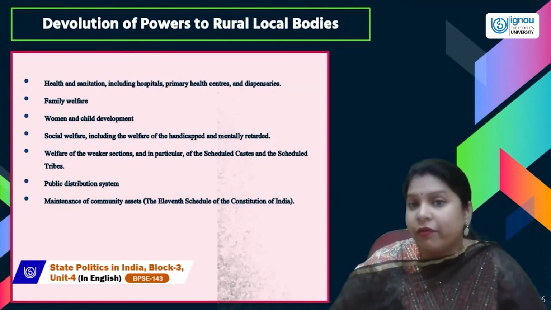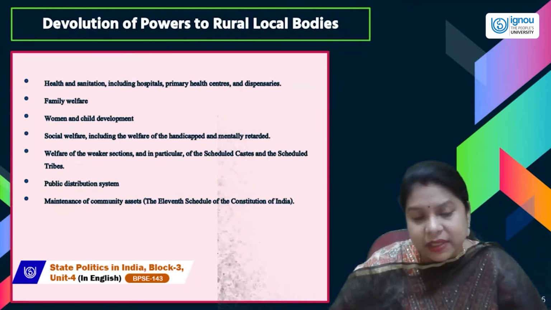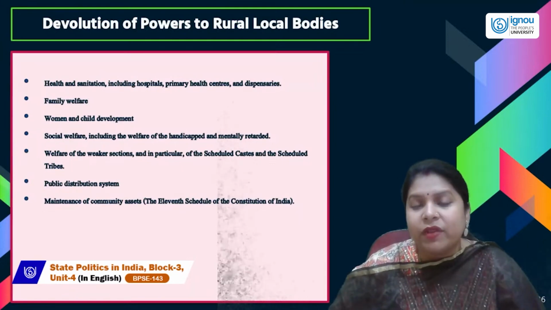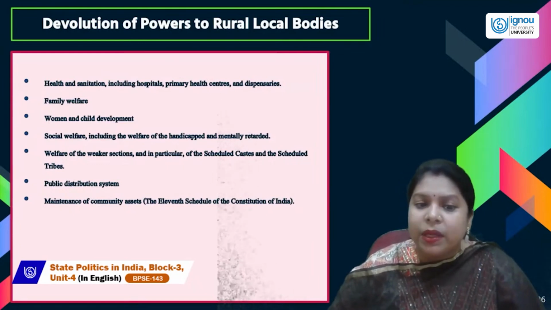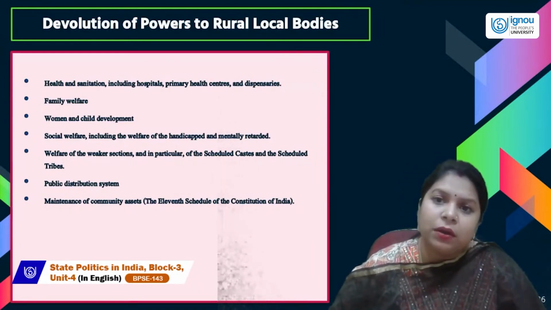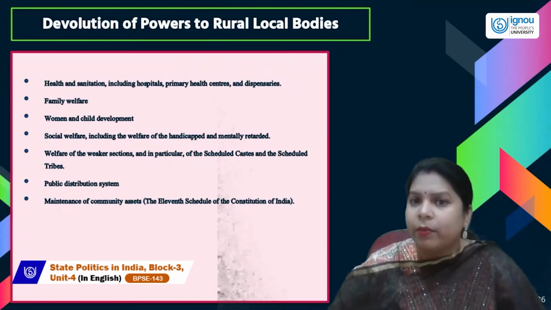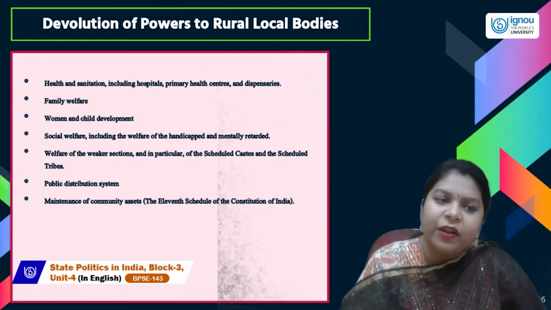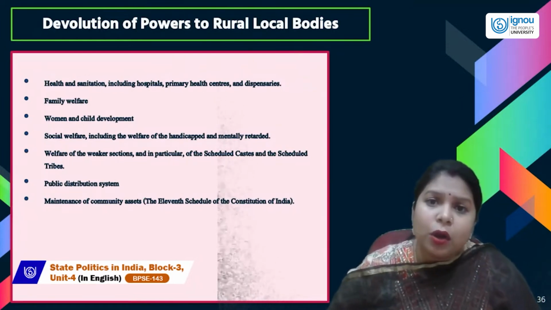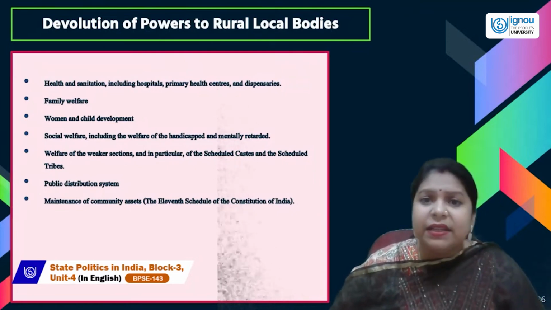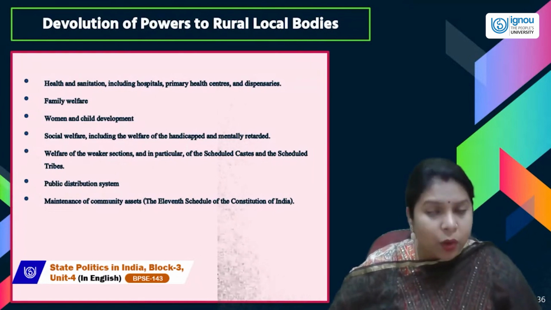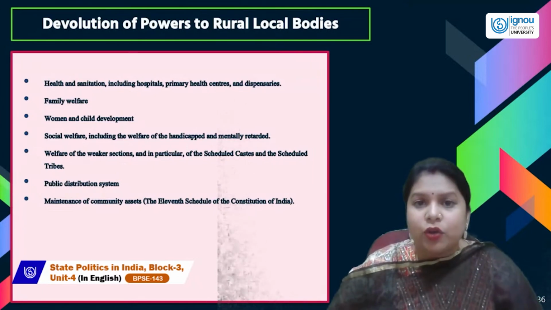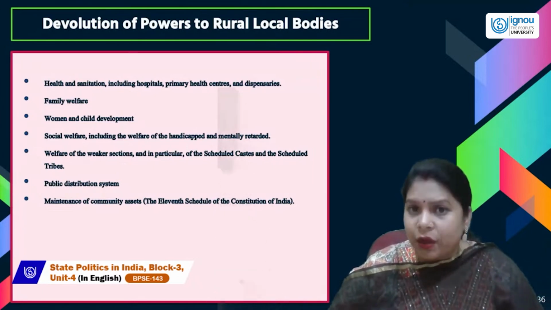And there is social welfare, which is also part of this list, including the welfare of the handicapped and the mentally retarded. So it not only talks about the welfare of normal human beings, but it also talks about disadvantaged people, like people who are differently abled, and takes care of them.